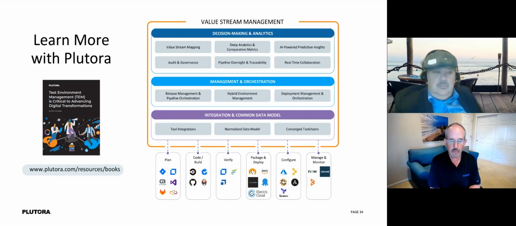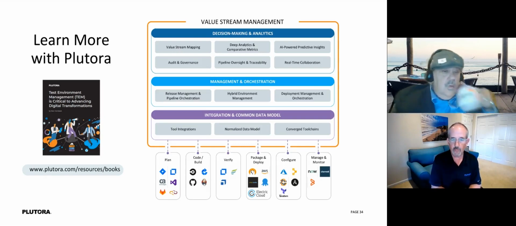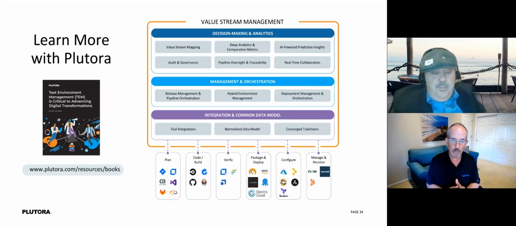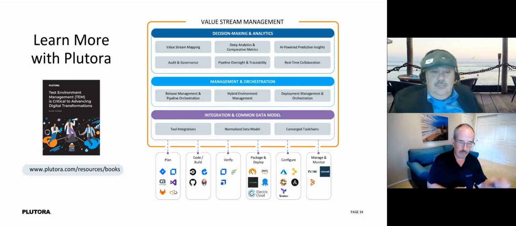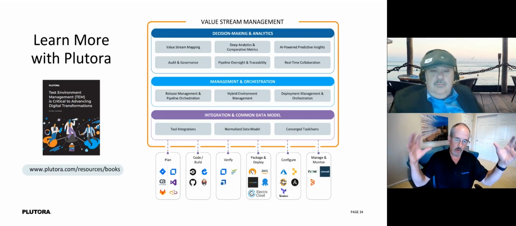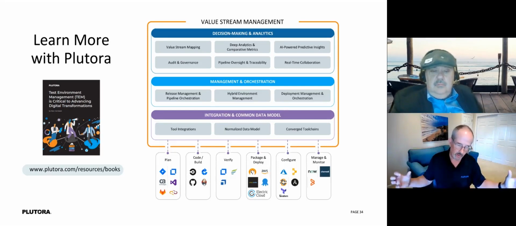This picture on the screen, just to give you a sense of who we are if you don't know, is an overall picture of our entire platform. So this involves everything from the planning side on the left all the way to production. So there's your value stream management view of idea to production. There's a lot of reporting capabilities on the top. There's integration into your tool chain. We sit on top of any tool you happen to have across that entire flow.